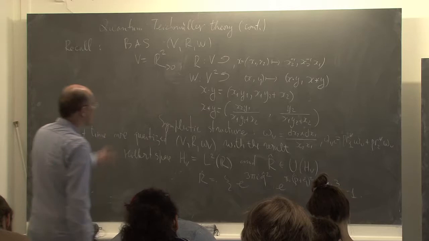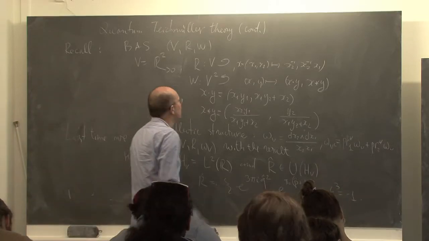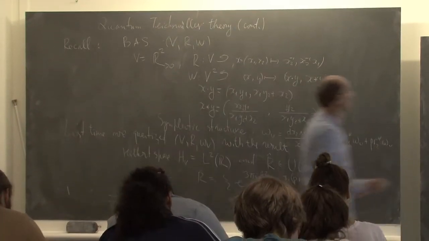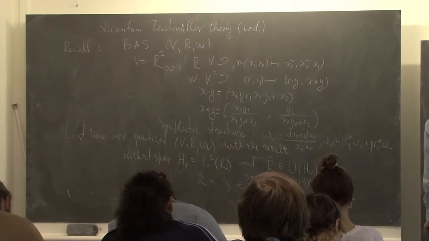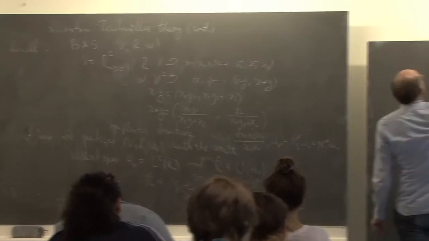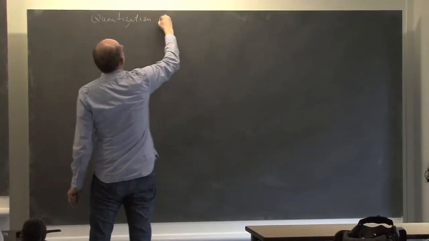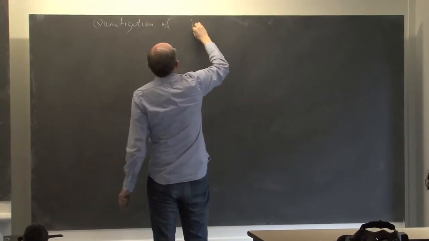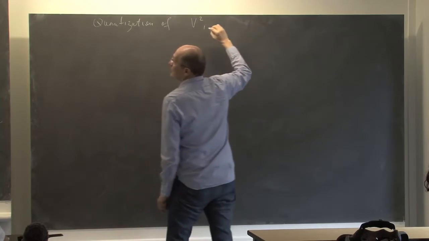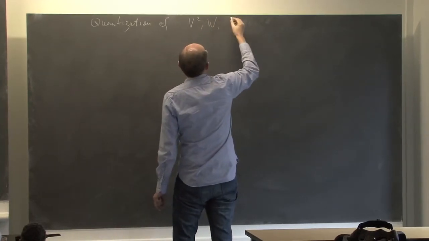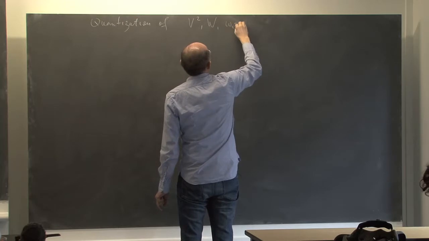And today we are taking the rest. So we will be working with the W operation of V squared, W, and omega V squared.